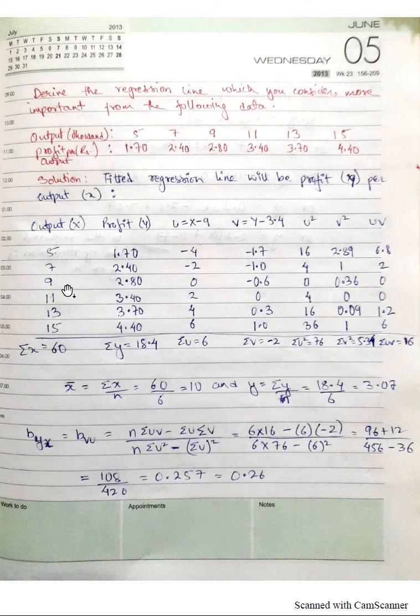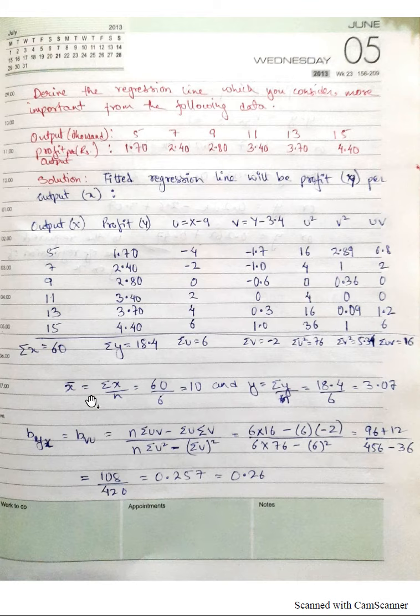So here, output first is copied down as 5, 7, 9, 11, 13 and 15 as given here. We add this all together, we get summation x is equal to 60. So first of all, since we will have to use x bar for the final regression equation, we will have to find x bar.